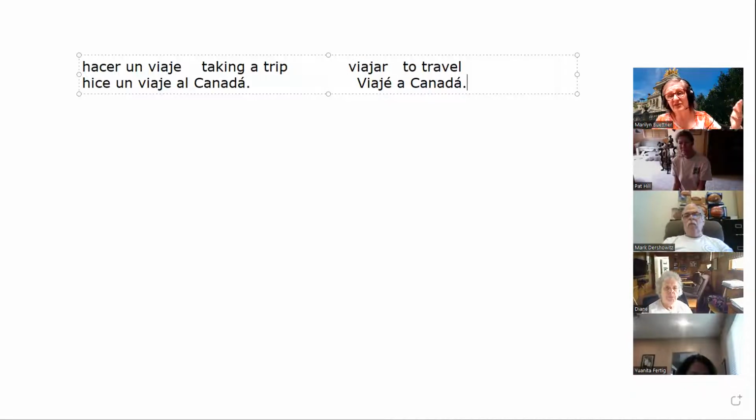Is there a lot of difference? In meaning, not so much. In the form, there is a difference only because this happens to use an irregular verb. This happens to use a perfectly regular verb that follows the regular preterite conjugations.